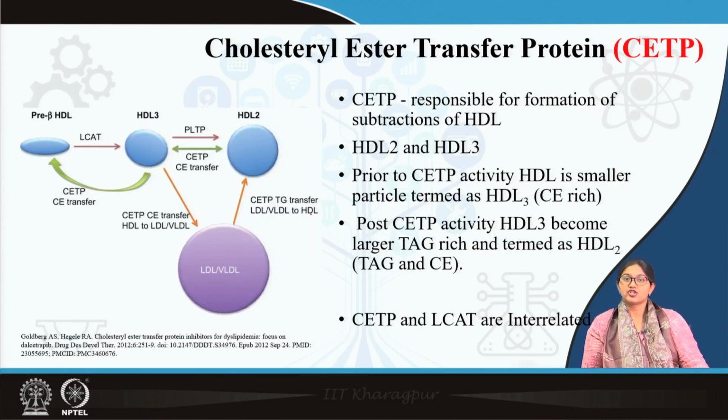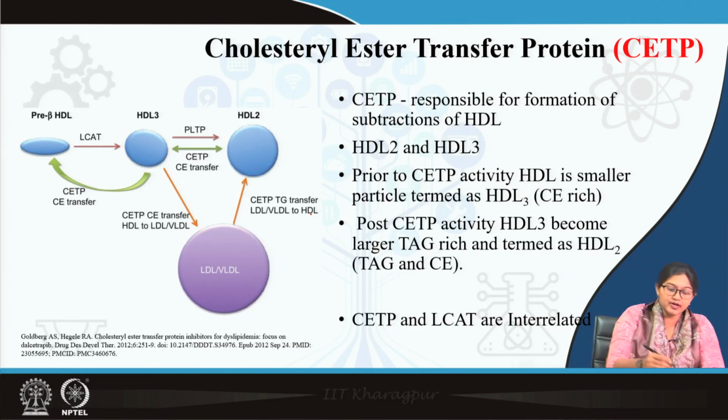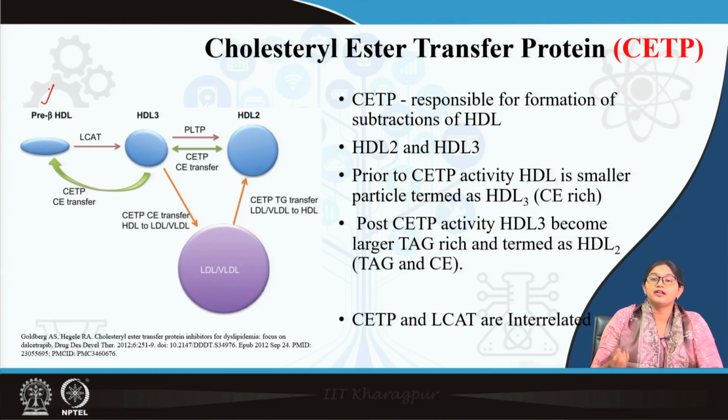So this is the function of CETP once again: CETP transfers triacylglycerol and cholesterol ester between HDL and other lipoproteins. Now, remember pre-beta HDL, when it takes up cholesterol ester inside it, forms the hydrophobic core.